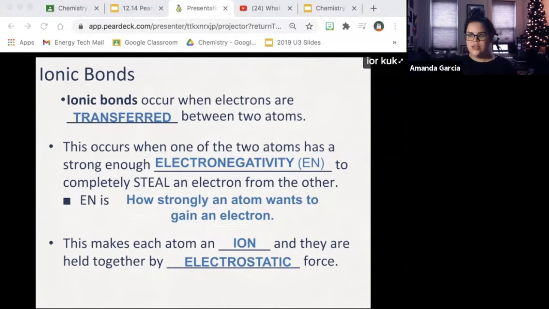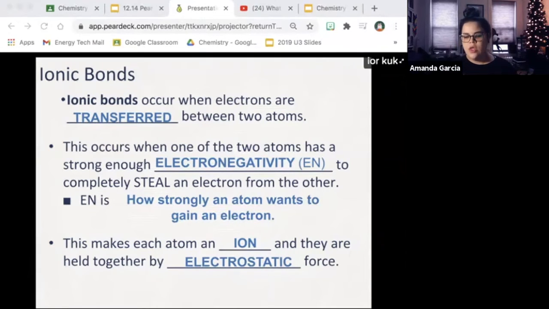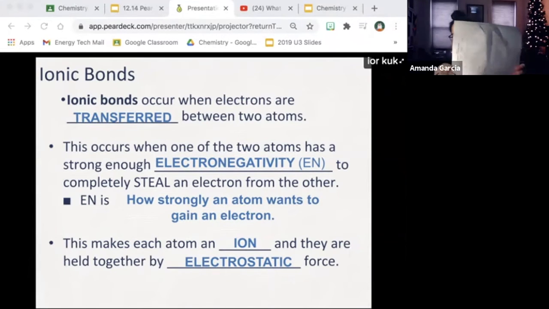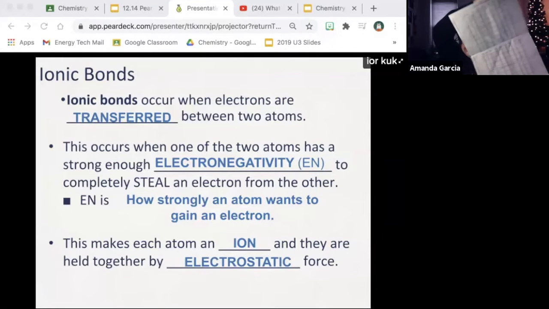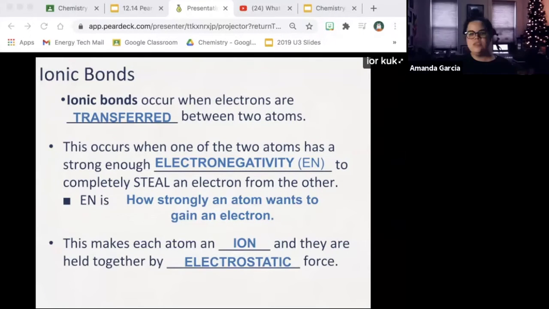And that strength is going to be measured by looking at something called electronegativity. You have defined this word, assuming you did lab number 5, and it's also one of the ones that's on table S on the back of your periodic table. And so we'll start using this one a lot more in this unit because you're going to be comparing the electronegativity between two atoms to see what's going on.